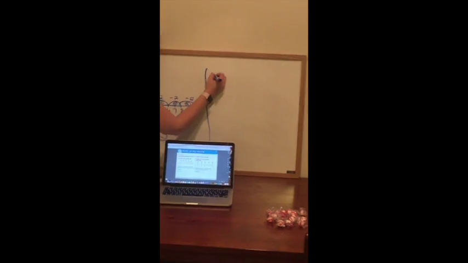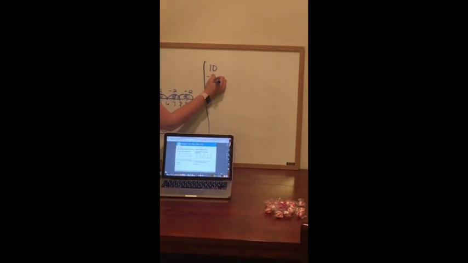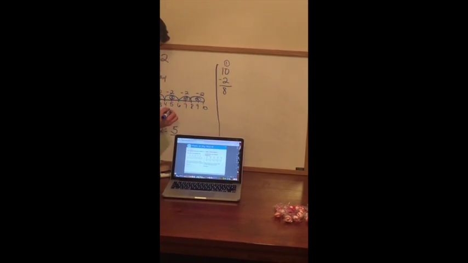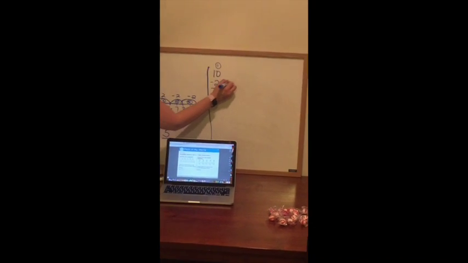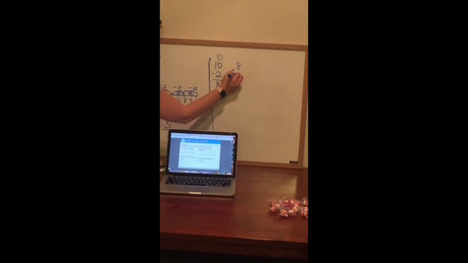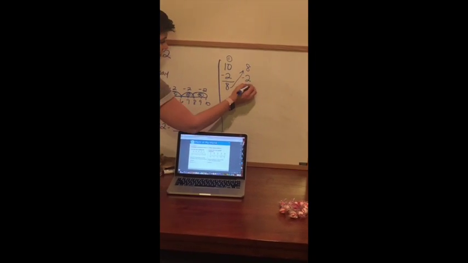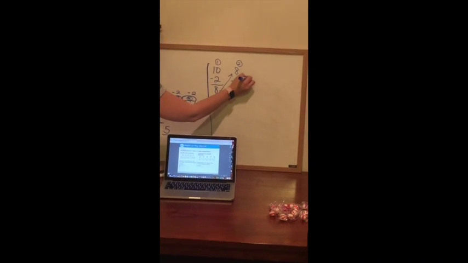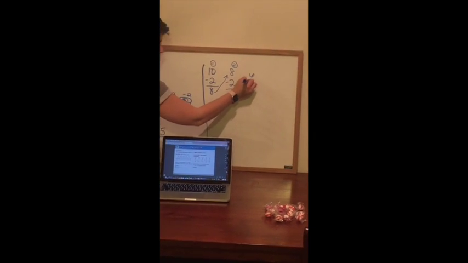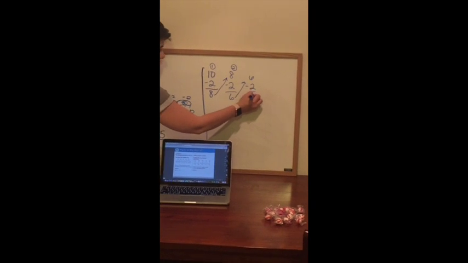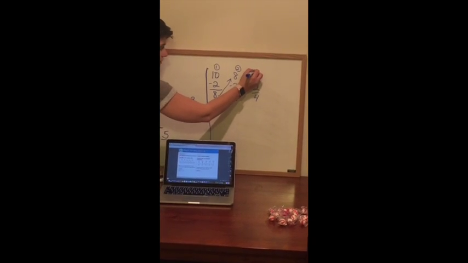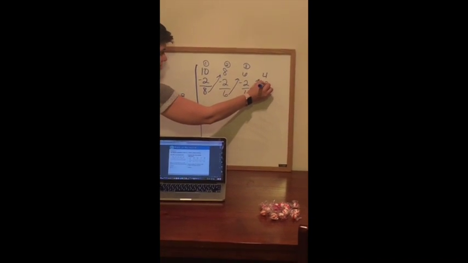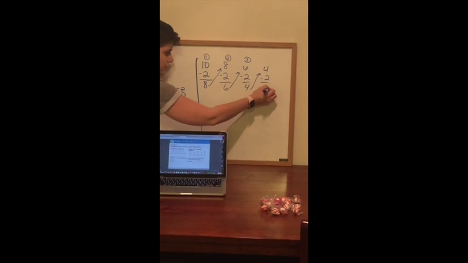So I start with 10 minus 2, which I know equals 8. That is one subtraction problem. I come up here, and now 8 minus 2 equals 6. That is a second subtraction problem. 6 minus 2 equals 4. 4 minus 2 equals 2.